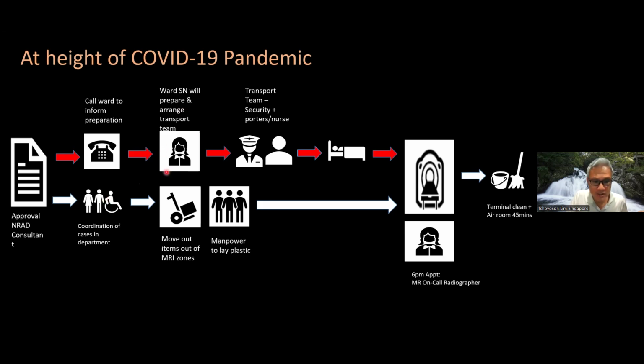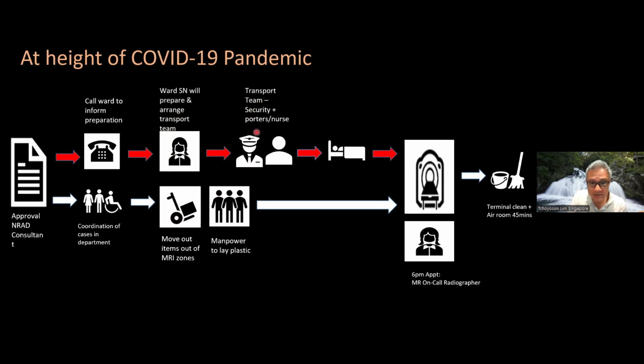The transport needs to be arranged. The procedure needs to be done at the MR room, to clear the room of any extraneous fomites and unnecessary articles. The manpower will lay on protective plastic sheeting.